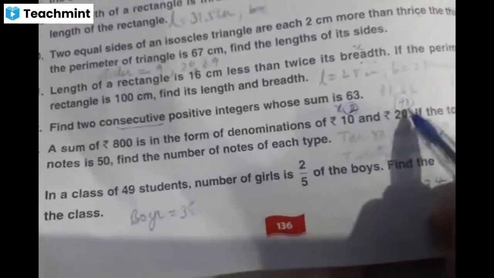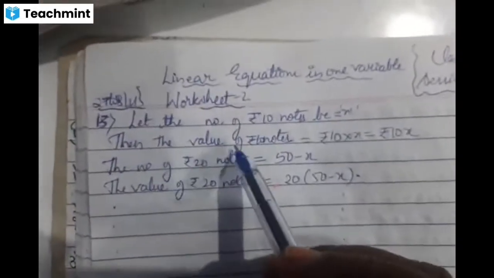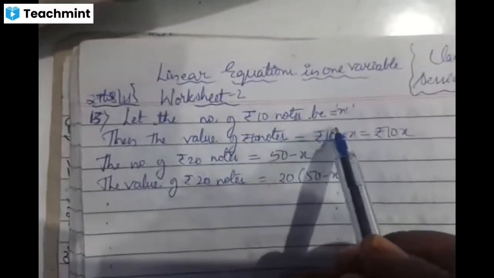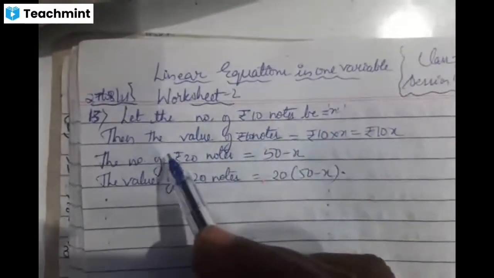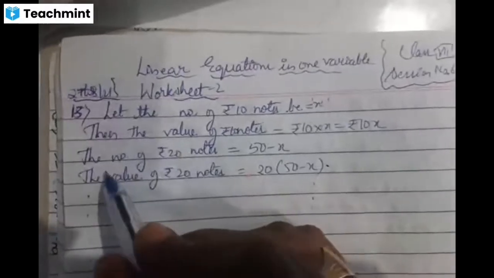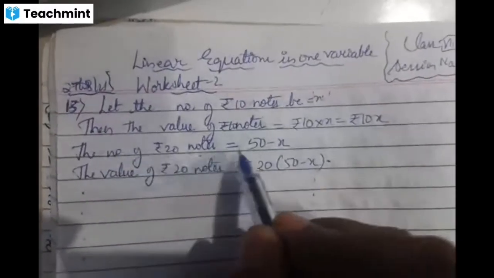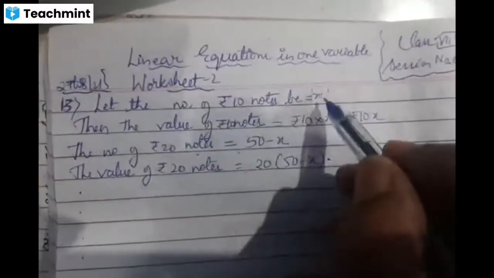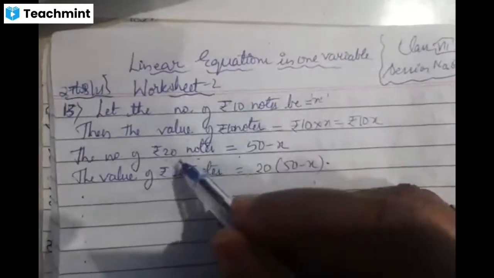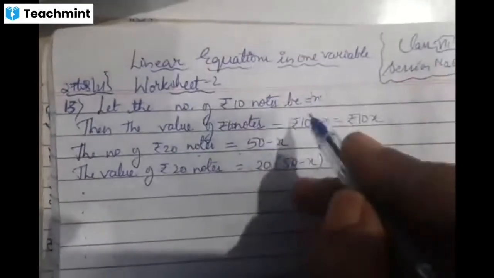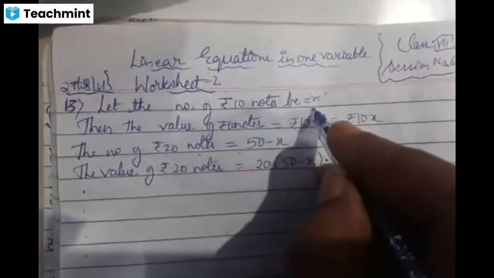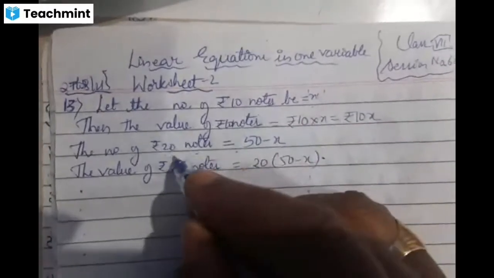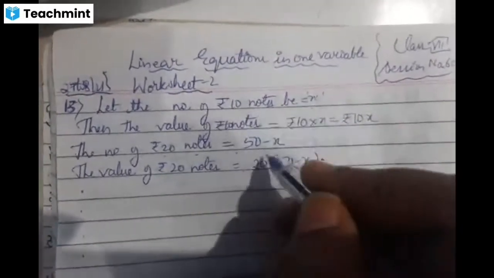So what I have written here in the answer: let the number of 10 rupee notes be x, and the number of 20 rupee notes be 50 minus x. Total number of notes of 10 rupee and 20 rupee is 50. Now the number of notes we have taken for 10 rupee as x, so 20 rupee will be 50 minus x.